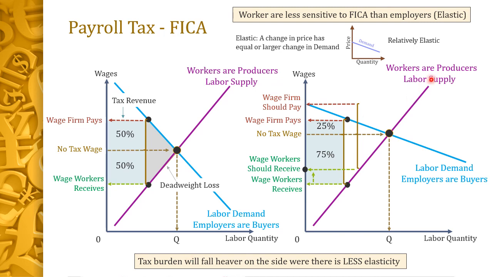Because in this case, the worker is the producer and the employers are the buyers. And so the employers in the long run wind up paying less in a way because they pay you less for your wages. So it's an interesting argument that's out there, but another one that adds to the complexity of a lot of these arguments for different type of government policies.